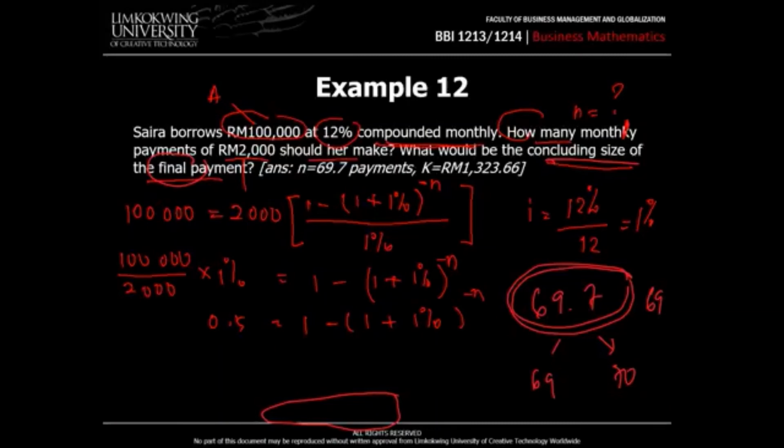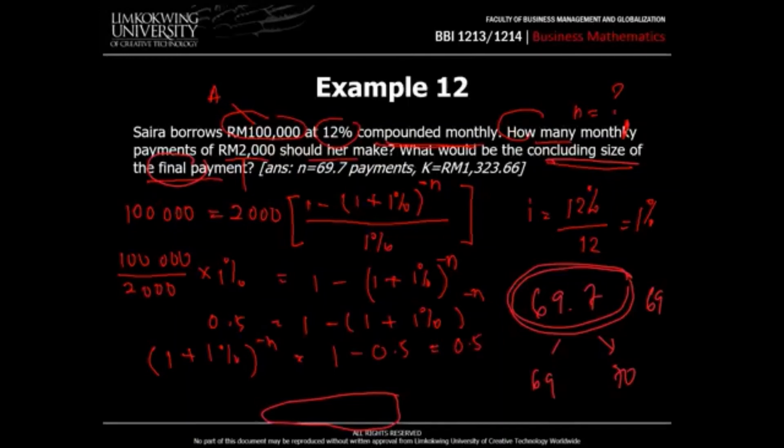Then we have to use logarithm, so logarithm for both sides. We can do 1 plus 1% to the index of negative n, then we minus 1 with 0.5, so here you also get 0.5.